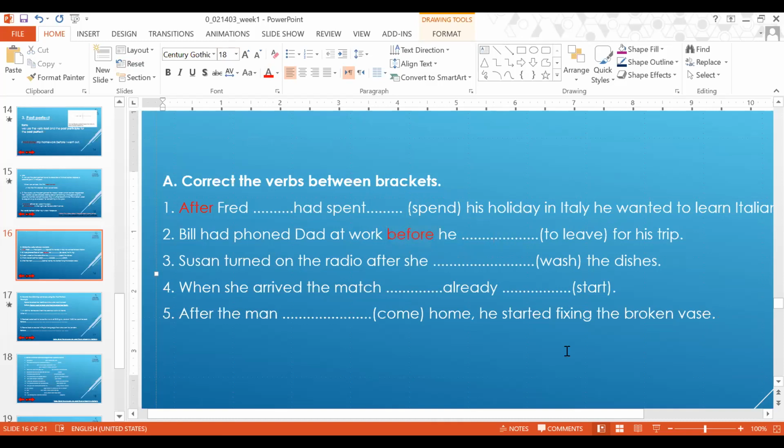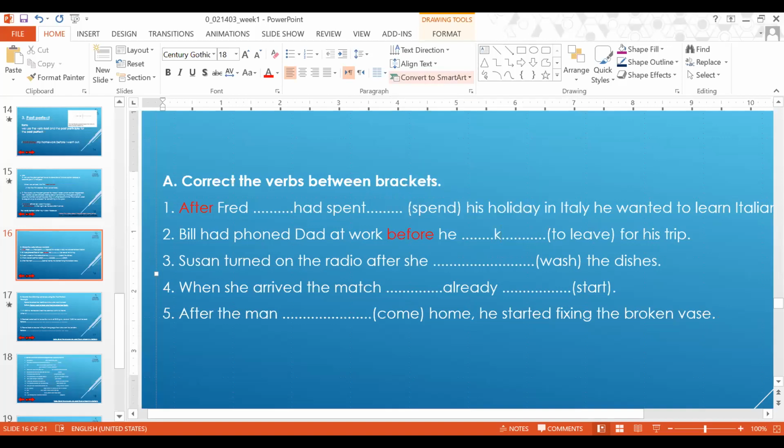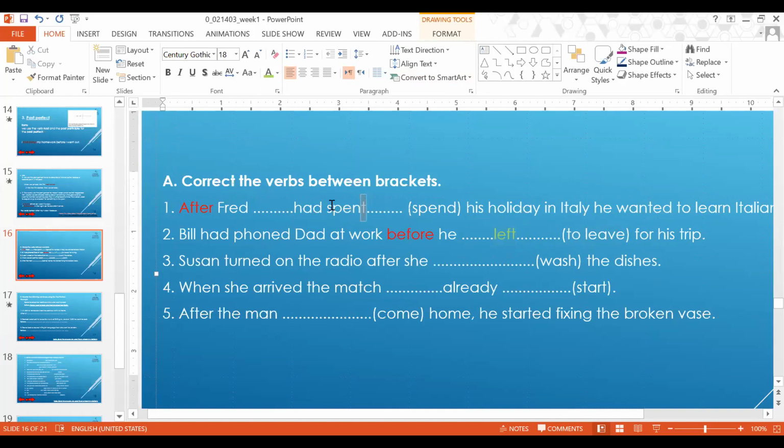So here you need to have verb to. So he had phoned his dad, and then what happened after this? He left. Amazing. Then left. This means that the verb here is in the infinitive form. Understood? Yeah, good job. Okay, next one.